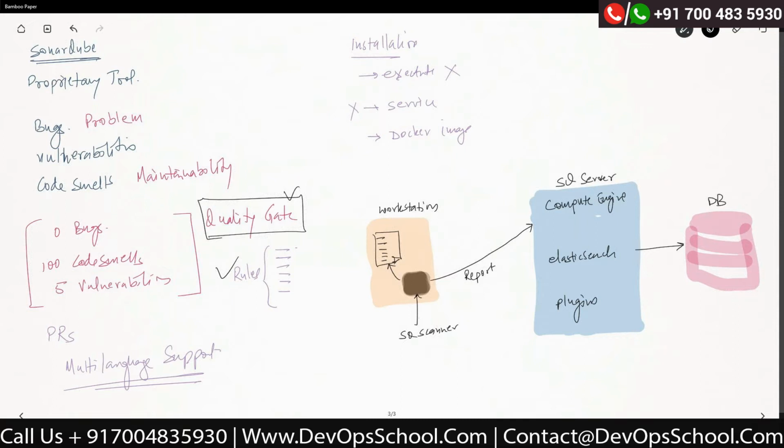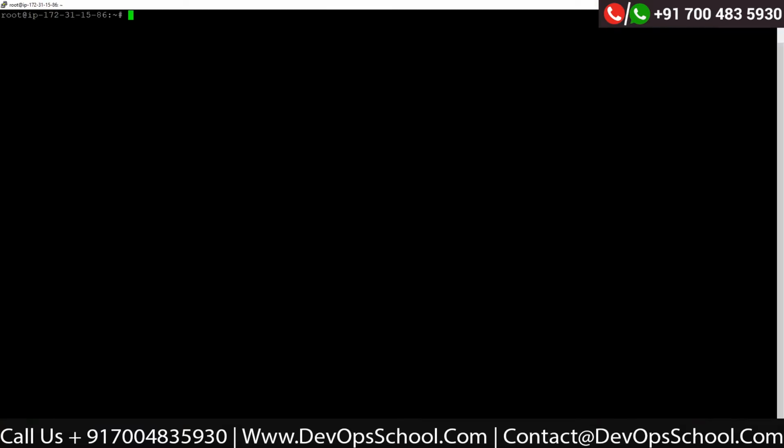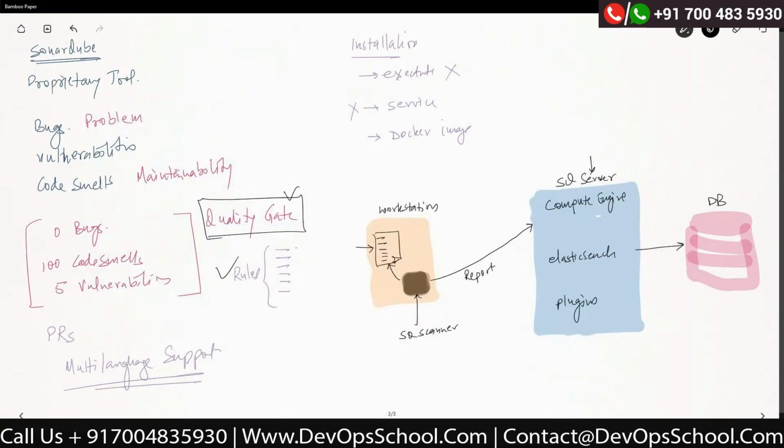Now to perform our static code analysis, we need to have the SonarQube server, and we need to have a machine on which our scanner is running. So we need to have the scanner available, and we need to have some sort of code base also available. All right. So to demonstrate this entire setup, on this machine we will install SonarQube server.